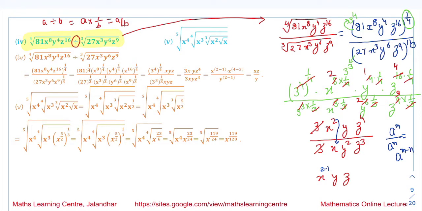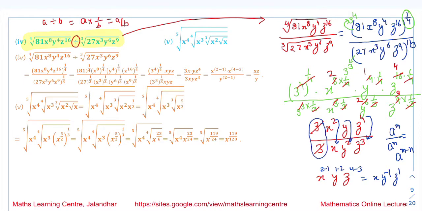For y terms we have 1 minus 2, and for z term we have 4 minus 3. So the answer you are getting is x raised to the power 1, y raised to the power minus 1, and z raised to the power 1.